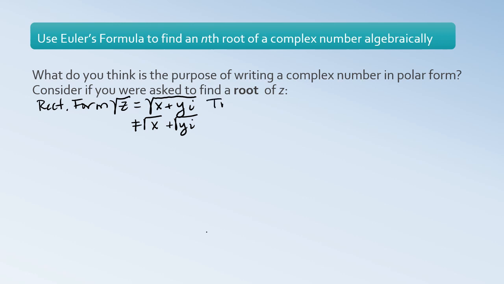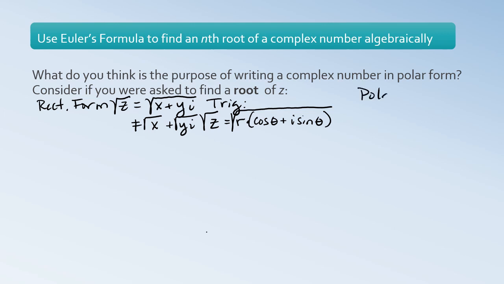For the trig form, that was also a sum. We pulled out an r and we were left with cosine theta plus i times the sine of theta. So if I try to square root, although I do have a product with the r, I don't have a product with the cosine theta plus i sine of theta, so I wouldn't be able to do much more.